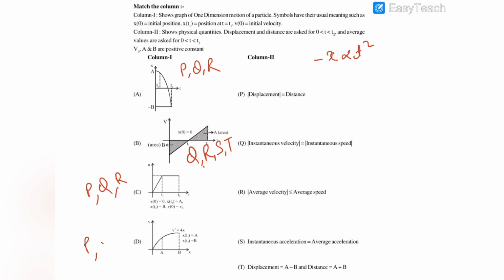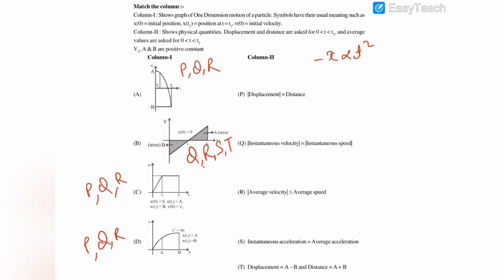And obviously Q is also correct because instantaneous velocity and instantaneous speed would be equal in magnitude. And now option R, that average speed would be either equal to or greater than the average velocity magnitude. This is also correct because in this case average speed would be equal to average velocity because distance and displacement are equal. So R is also the correct option.